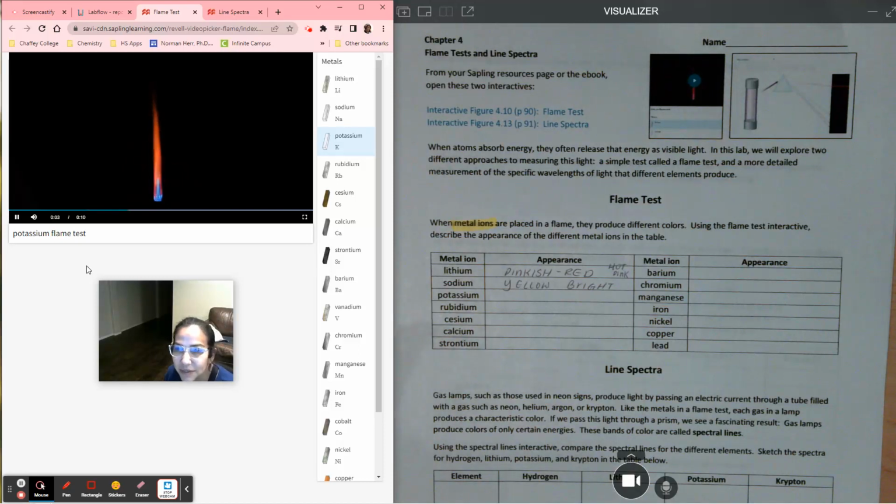Well, potassium has like an orange and some other sparks to it, like orange and red, right? Kind of looks orange, but it's not, because at the same time it was producing like an orange red glow. Let's see. Let's look at it one more time.